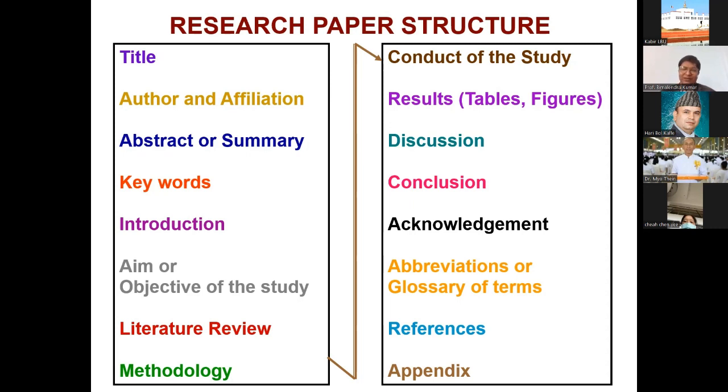Then you have to write about the literature, and which books you have read. In the literature review, when you are writing your thesis or research paper, you must discuss only those things which are related to your research topic, not besides that.